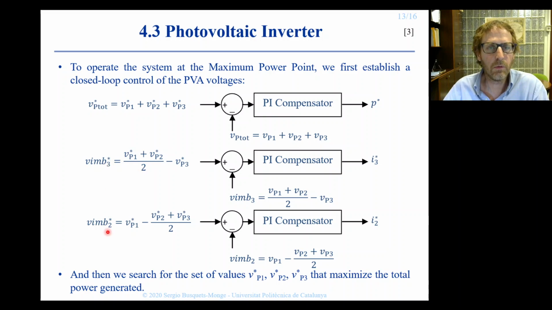And the other 2 control loops will control the voltage imbalance at DC link points 2 and 3. All these 3 commands, in fact, are defined based on the commands of the 3 photovoltaic array voltages. And then through MPPT algorithms, we could find out the combination of these values that produces the maximum power.